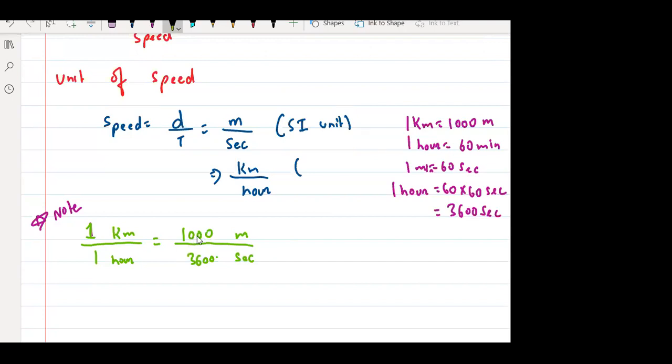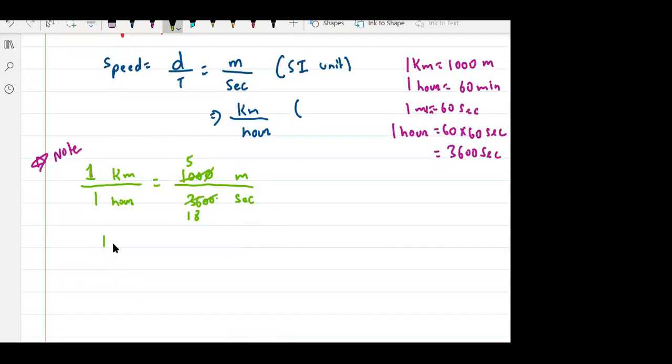Sir, एक दो जीरो से दो जीरो गया. Now 10 will be divided by 2 5 times, and 10 will be divided by this 18 times. So can I say, sir, 1 kilometer by 1 hour is equal to 5 by 18 meter by second? Yes or no? हाँ या ना? Tell me yes or no.